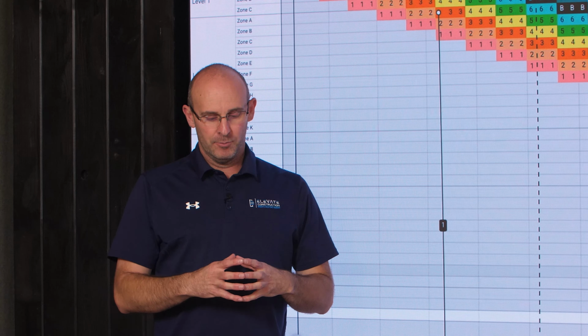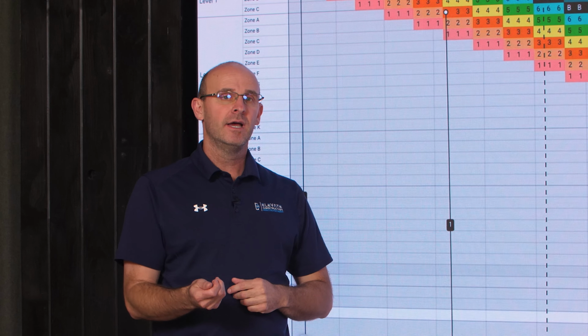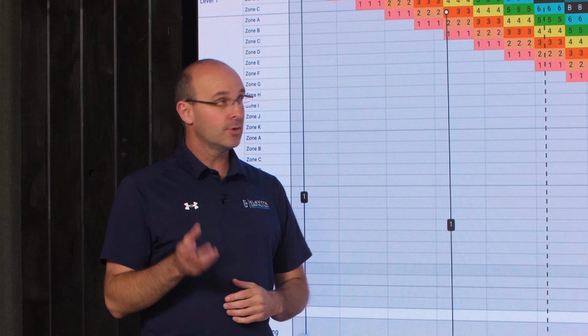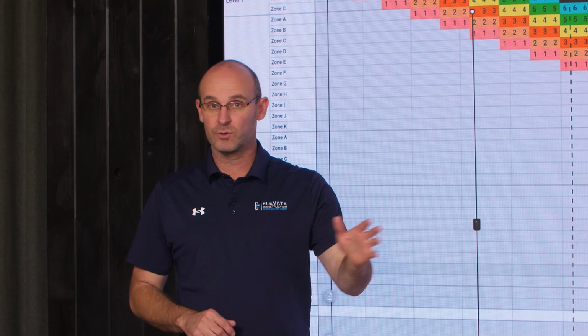So let me make sure this is clear. Because of work density and because of our ability to package work, you can create a rhythm through any type of building, civil, hospital, airport, school, whatever.